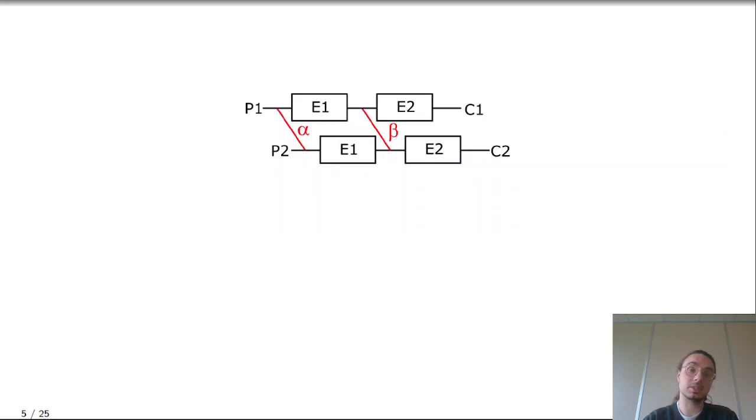So the distinguisher goes like this. We start with two plaintexts with difference alpha, and then with the differential we know that with probability p we have a difference beta in the middle of the block cipher.